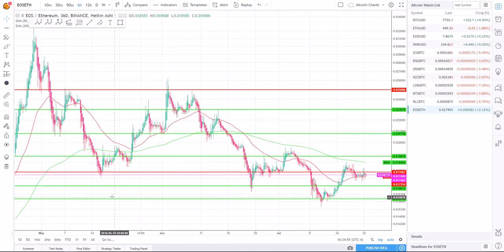Basically what happens here is it bounces off of support over here. It consolidates here for a while.